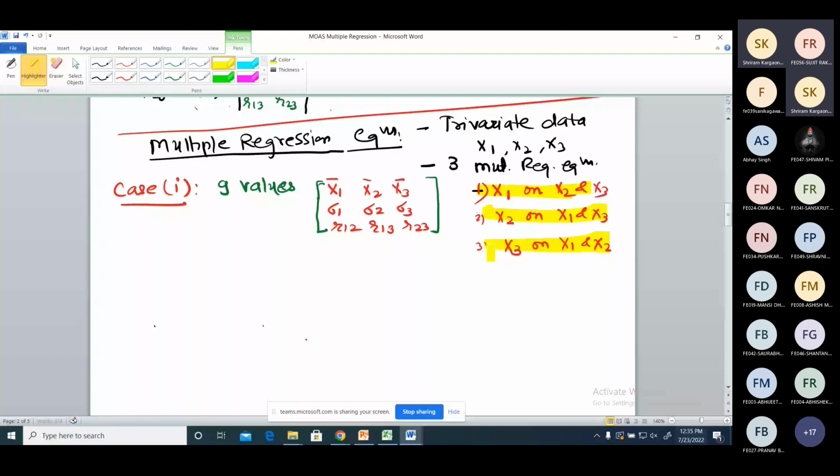So in case one, you will be given 9 values and the general equation. I have developed a general equation. You have to remember the general equation, and I will also explain how to use it. So be very careful.